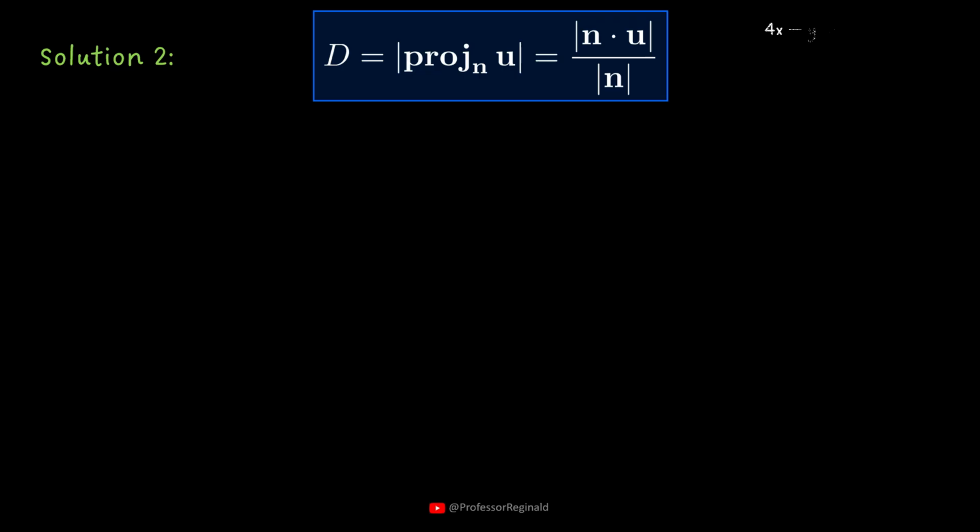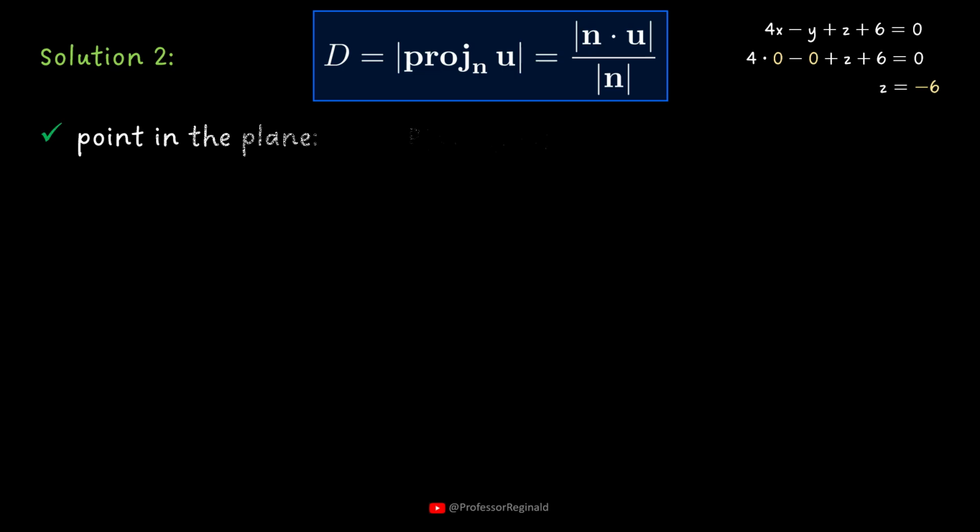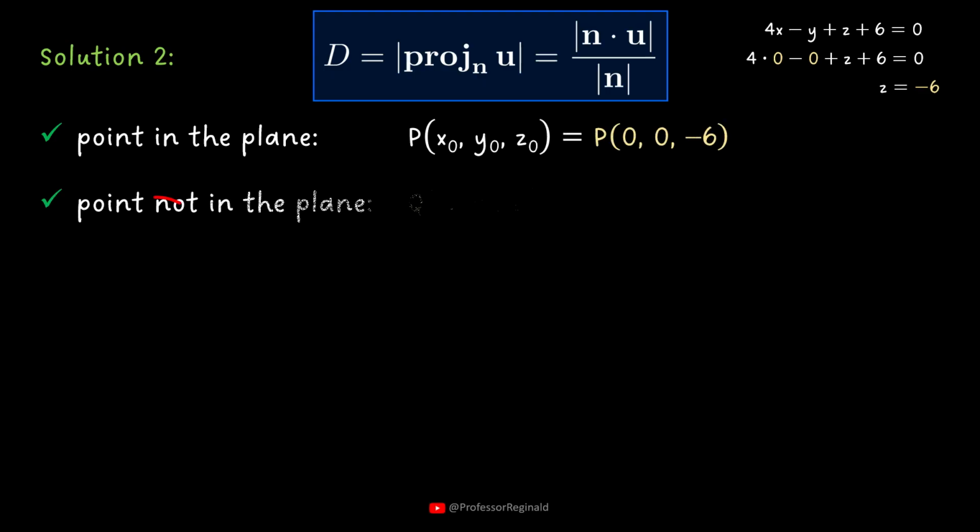Substitute any convenient values of x and y into the equation, and then compute the resulting value of z. So those values of x, y, and the resulting value of z make up the point in the plane. A point we need to test is actually in the plane, so the distance is 0.